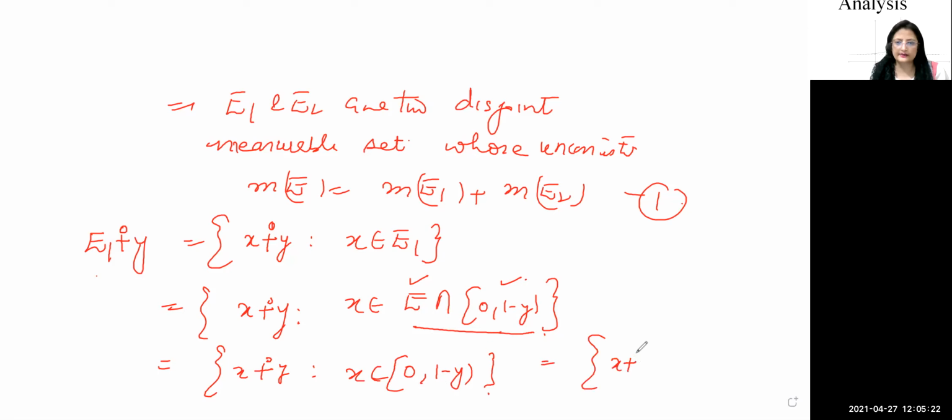It implies x plus y and 0 less than x less than 1 minus y, right? So this is equal to, it implies x plus y is less than 1.